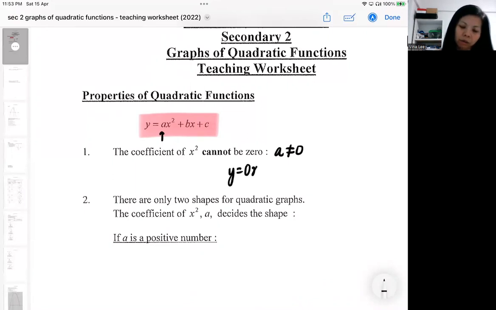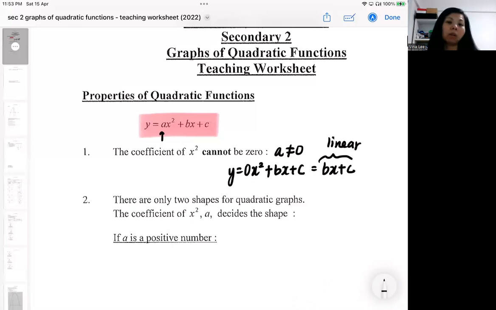So if it's 0x squared, you will not be getting a quadratic function. This will be a linear function. So that is one of the important things. If the coefficient is 0, then you are not dealing with quadratic function anymore.